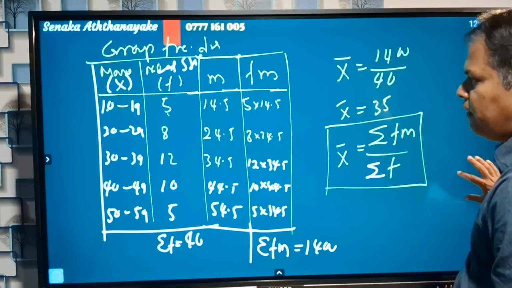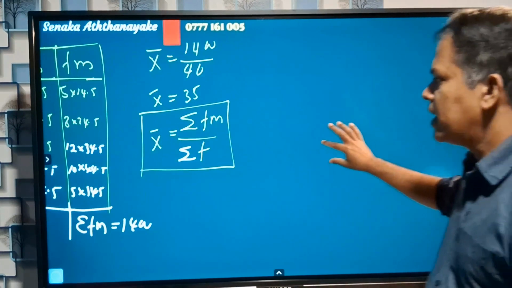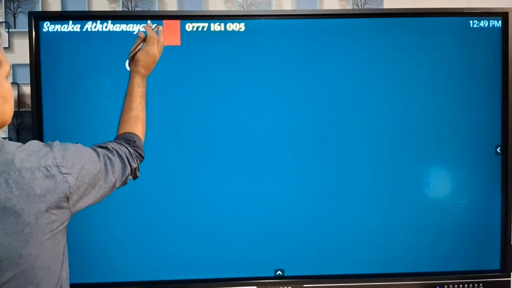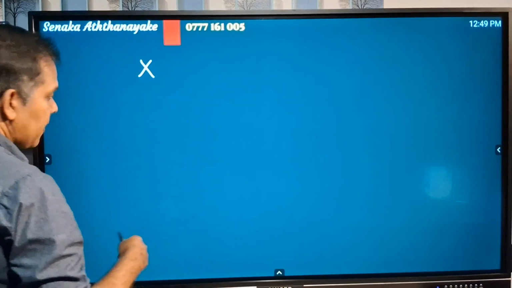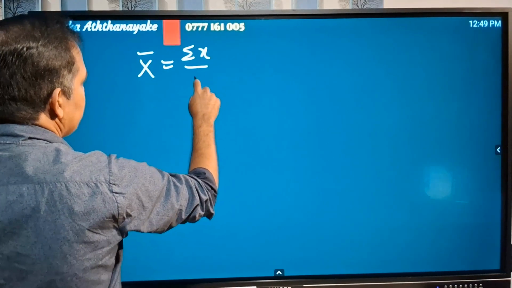Okay, if I give a summary of what we discussed, we can write like this. First we discussed the data array, where we got the formula x bar is sigma x divided by n.